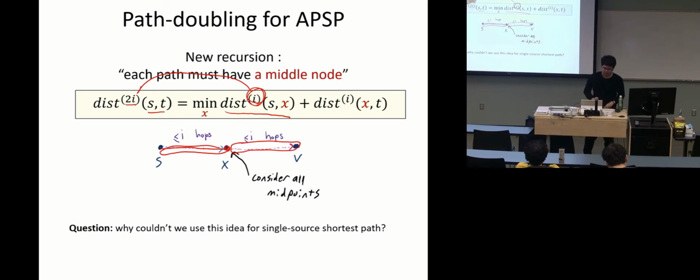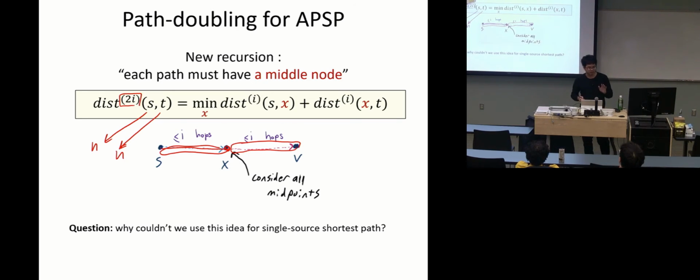Okay, and yeah, you get this recursive equation, and the number of subproblems that we're going to need is actually quite small. First of all, this thing has n choices, this thing has n choices, so it's at least n squared. But you need to range over all i too.